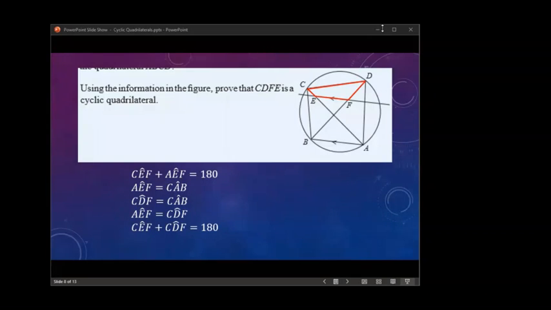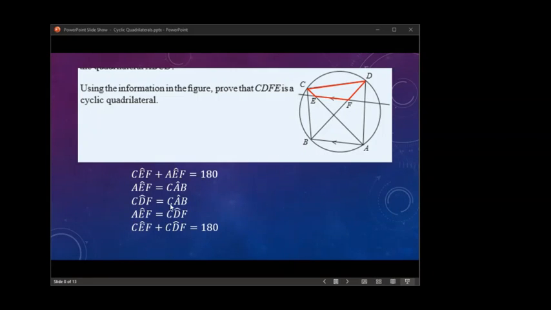Then we can write CEF. Okay, so we were discussing, we can write CEF plus CDF is equal to 180. Why? We wrote CEF plus AEF is equal to 180. Now we have proved that AEF is equal to CDF.